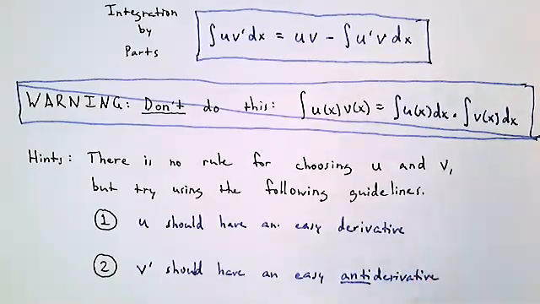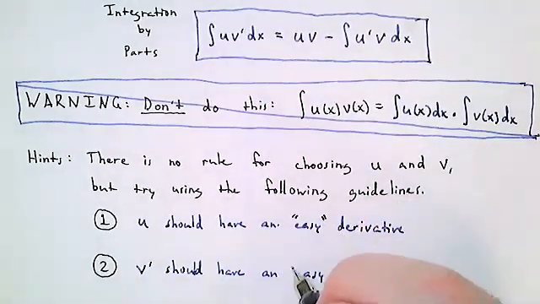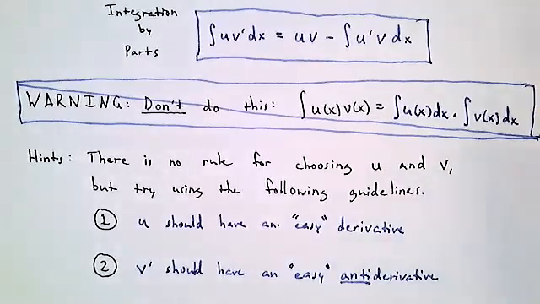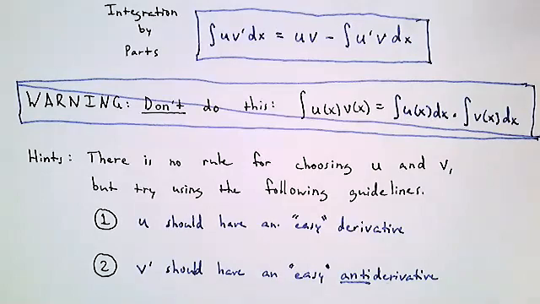Let me underline anti there, and maybe I'll put quotation marks around easy, since this is an opinion, of course. Something that looks easy to one of you might be challenging to someone else.